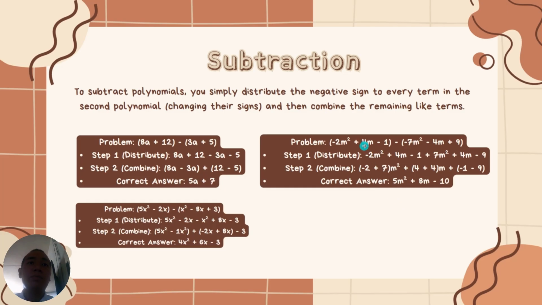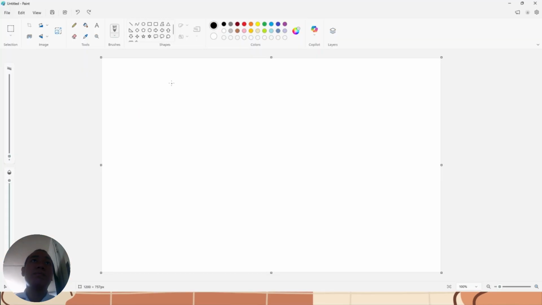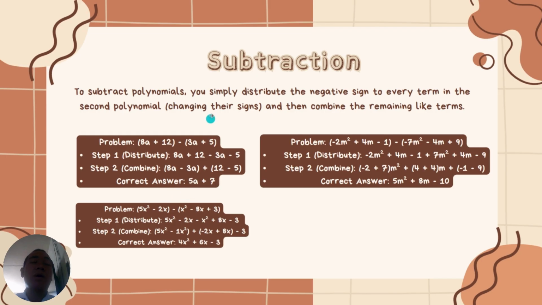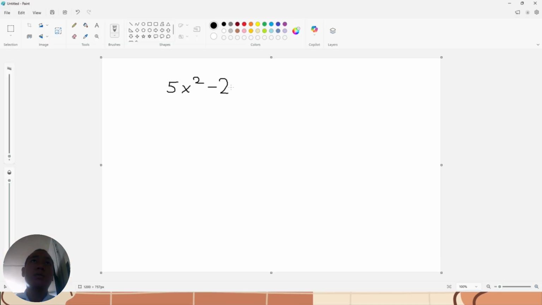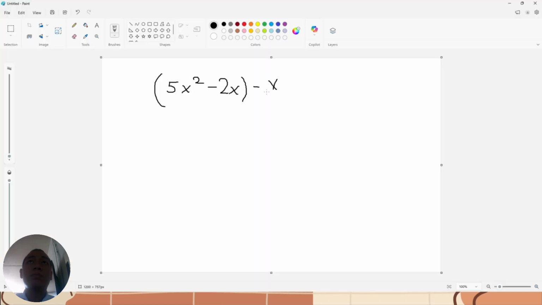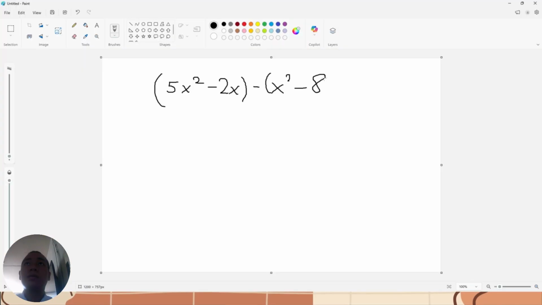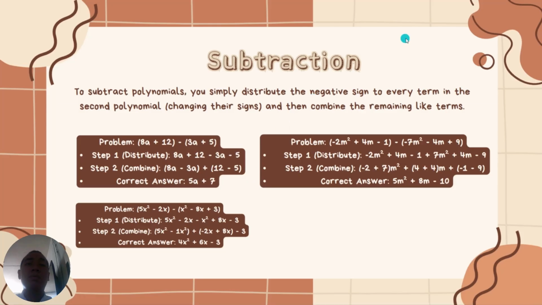Another example is this: 5x squared minus 2x, minus x squared minus 8x plus 3.